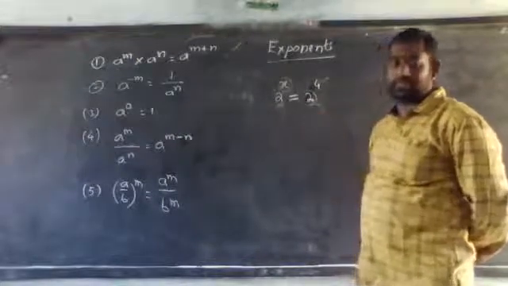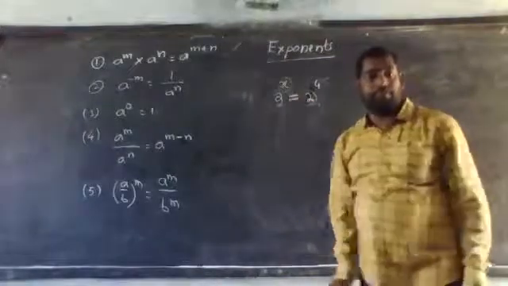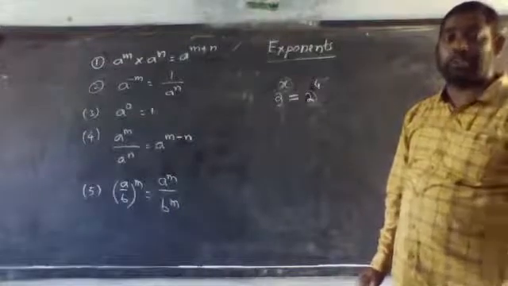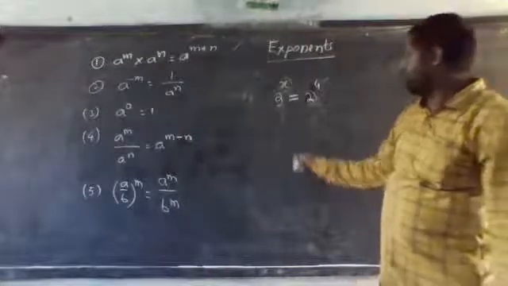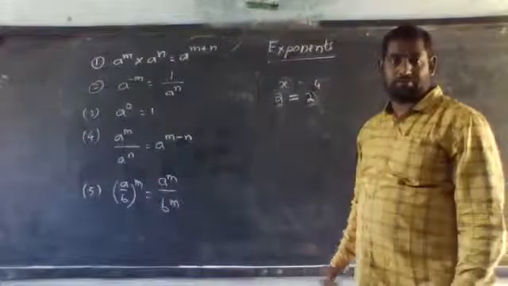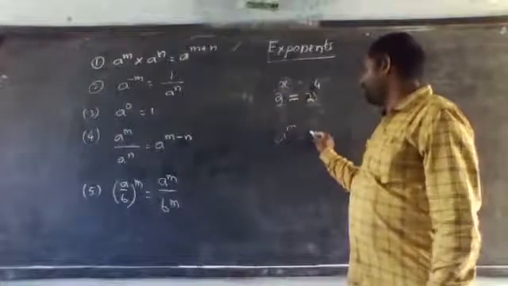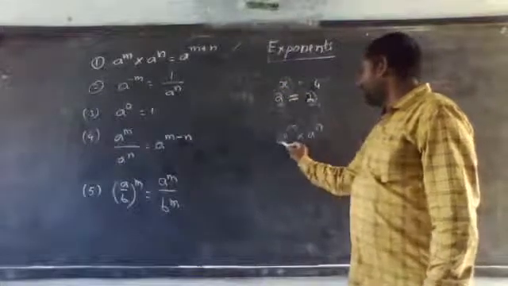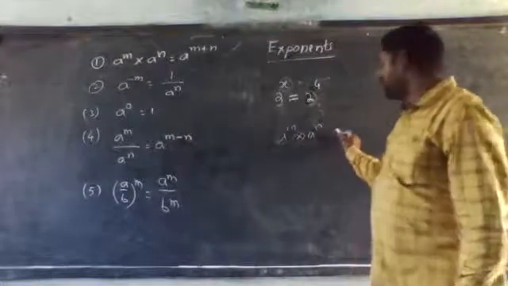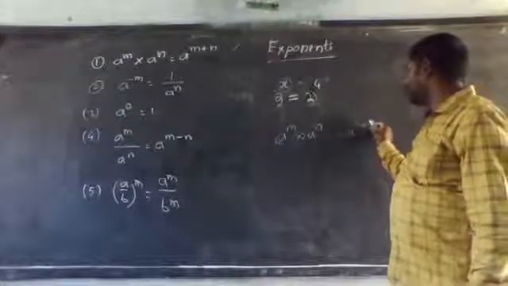In such cases, when we are equating them, if the bases are equal, the powers are also equal. If the bases are equal, we are equating the powers. In the first property, a to the power m into a to the power n, there is a multiplication symbol between the two, so we are adding the exponents.